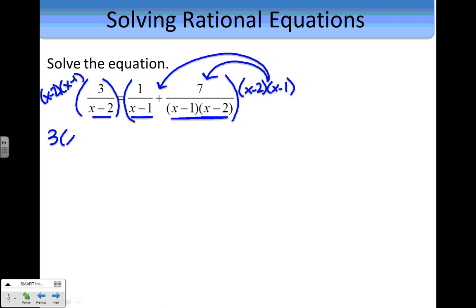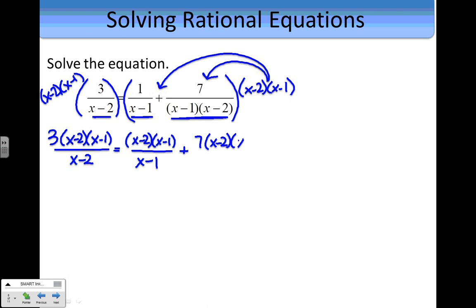So I have 3 times x minus 2, x minus 1 over x minus 2 equals x minus 2 times x minus 1 over x minus 1 plus 7 times x minus 2, x minus 1 over x minus 1, x minus 2.